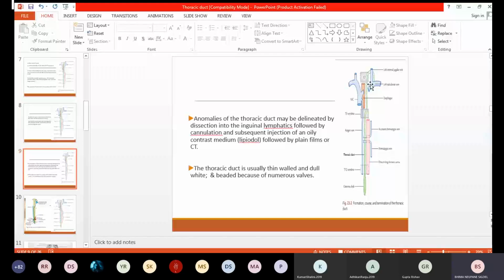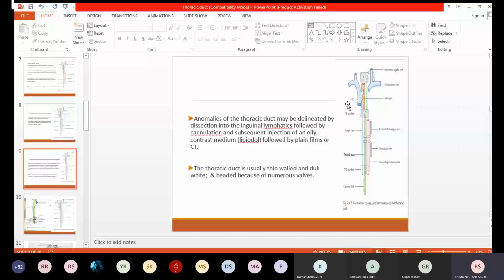Normally, how can you identify the thoracic duct? Maybe by dissection. Normally, most of the lymphatics you can feel only in the inguinal region, right? So you can dissect in the anterior and middle side of the thigh where there are the inguinal lymph nodes.